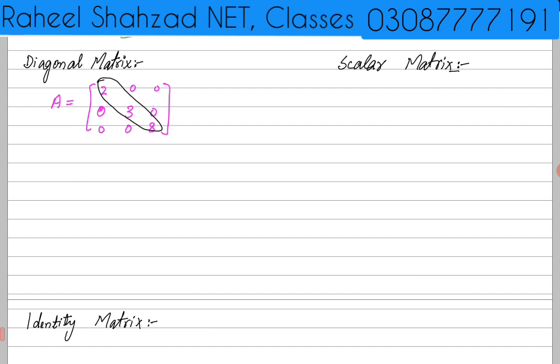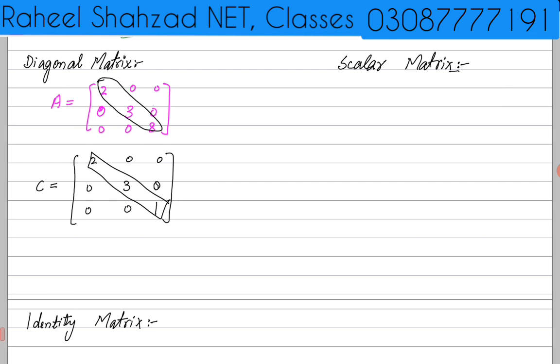Okay, so for example we have another matrix C that is equal to 2, 0, 0, 0, 3, 0, 0, 0 and 1. So you can say that these are diagonal matrices.